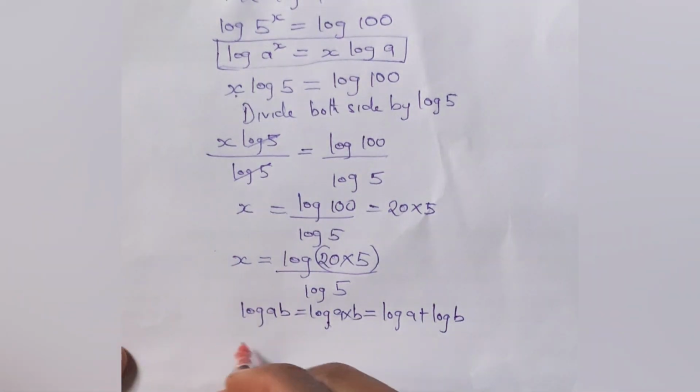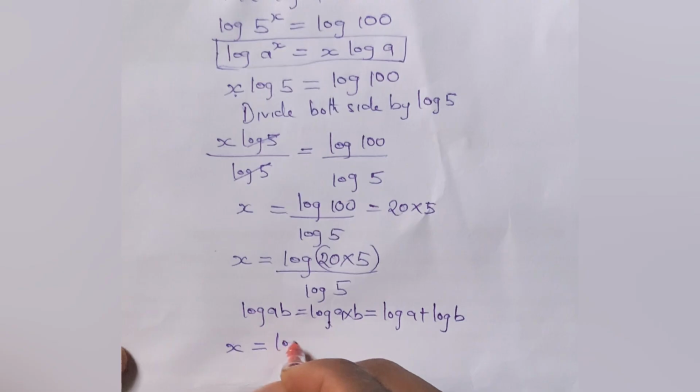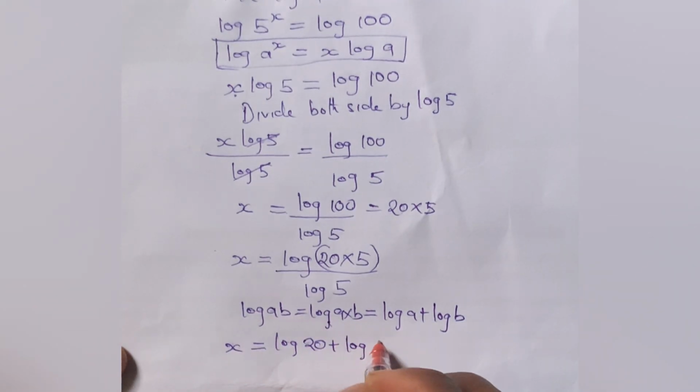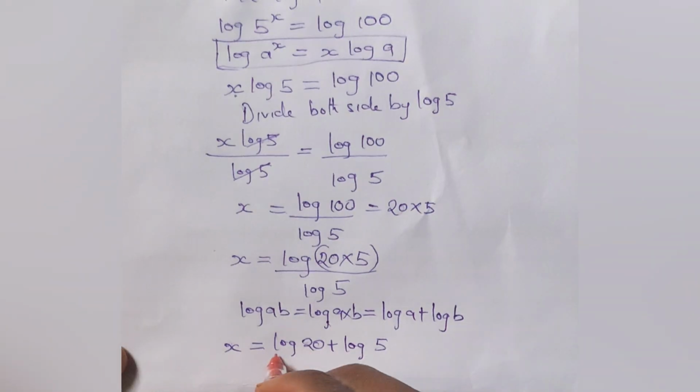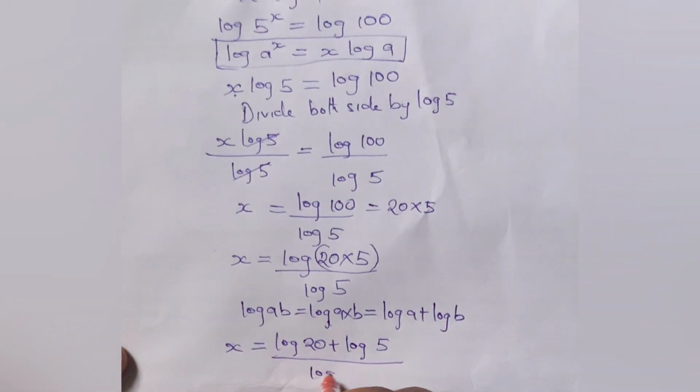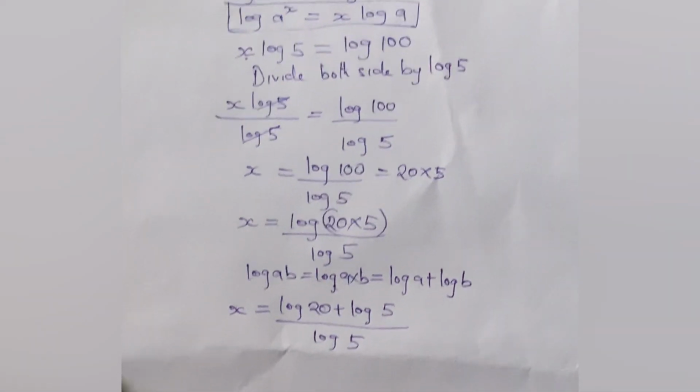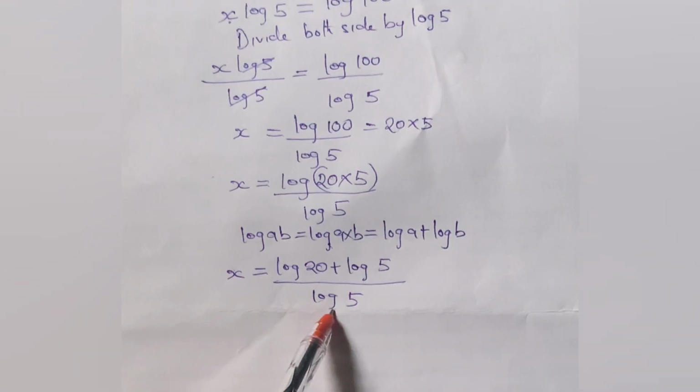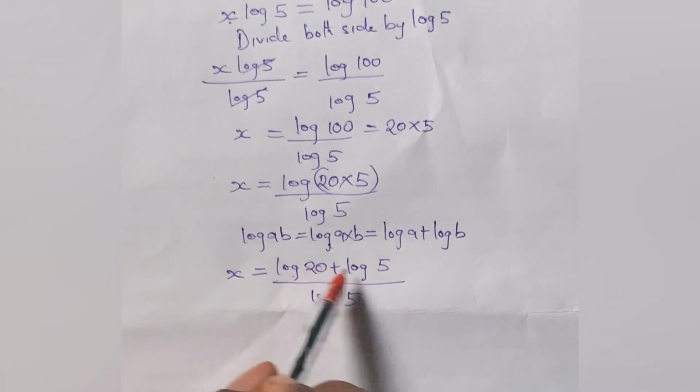Okay, now that means you have x is equal to log 20 plus log 5 all over log 5. Alright, now this denominator covers for log 20 and log 5.